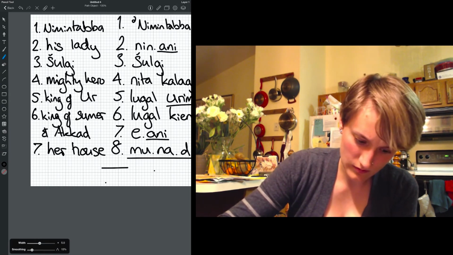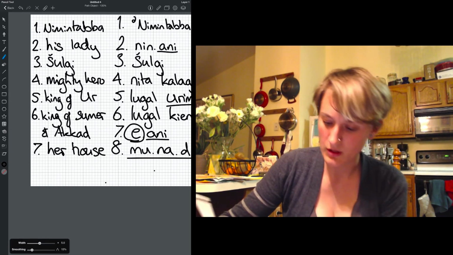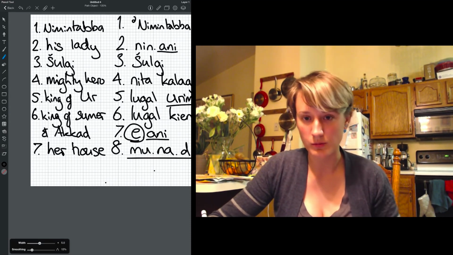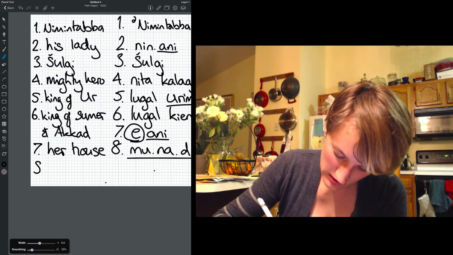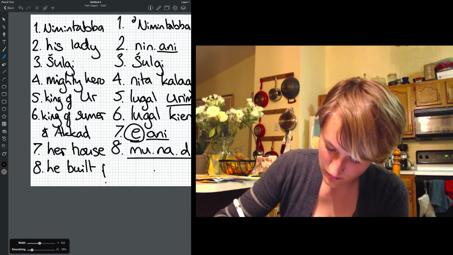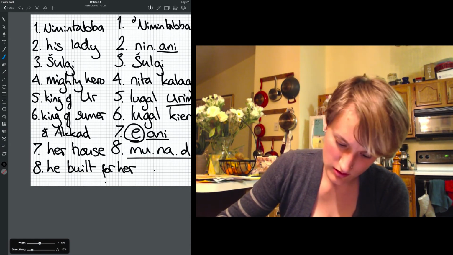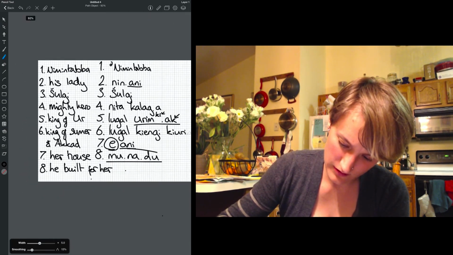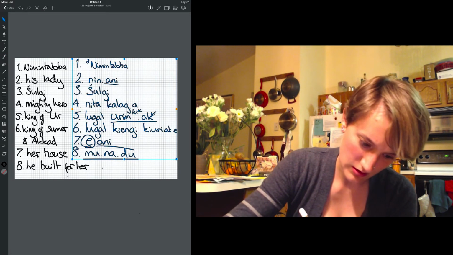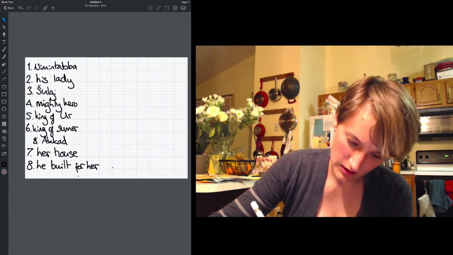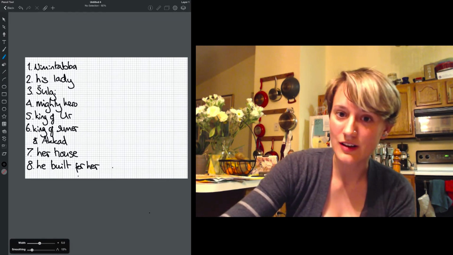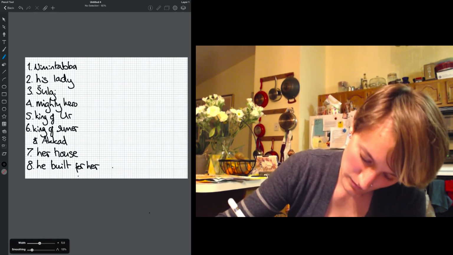So this word here means literally house. The house of the god is a temple, so you may see it translated both ways. 8. He built for her. So that is very, very literal. We're going to get rid of some of this stuff because we don't need it anymore. So that is our literal translation, and now we get to write it in good English so it makes sense.